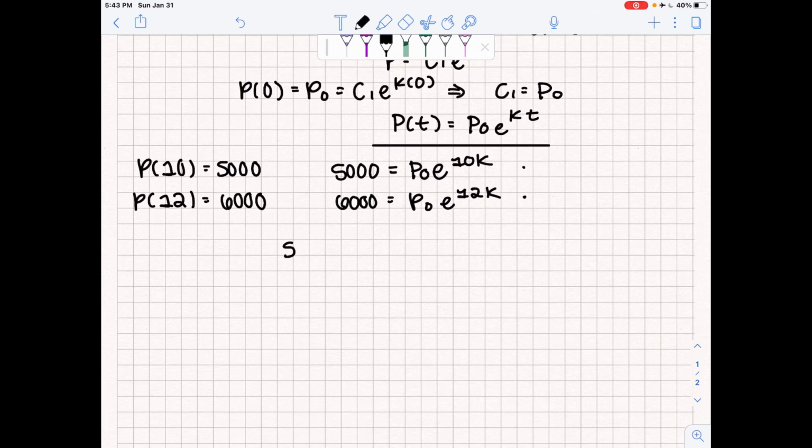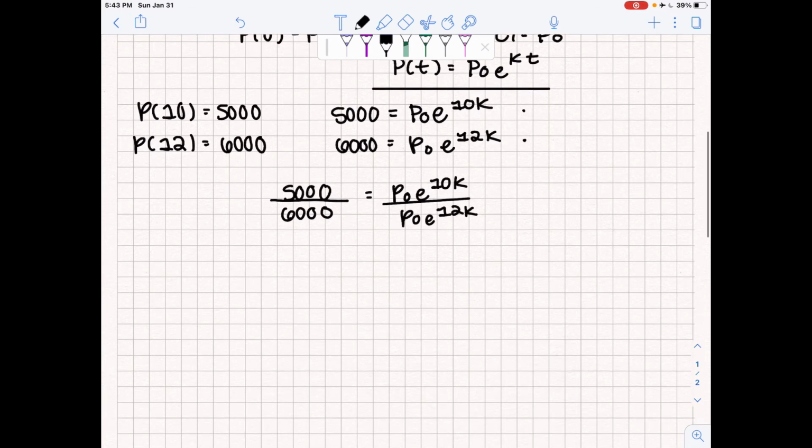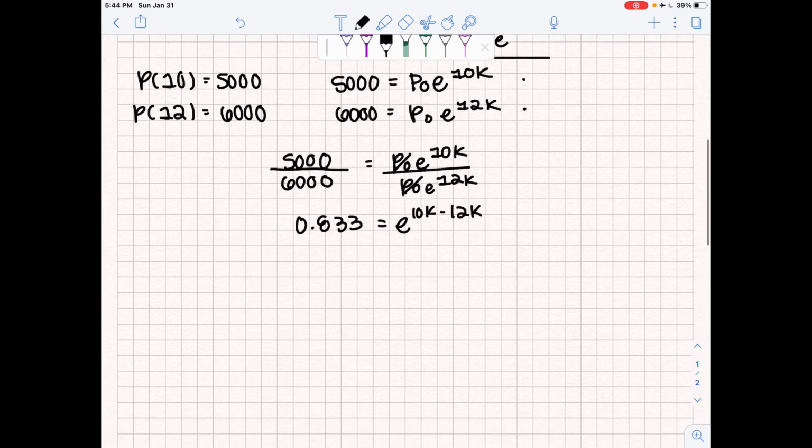So we're left with 5,000 divided by 6,000 equals p naught e to the 10k over p naught e to the 12k, and 5,000 divided by 6,000 is 0.833, and the p naughts cancel out, so we're left with e to the 10k minus 12k because of the division, which is 0.833 equals e to the negative 2k.